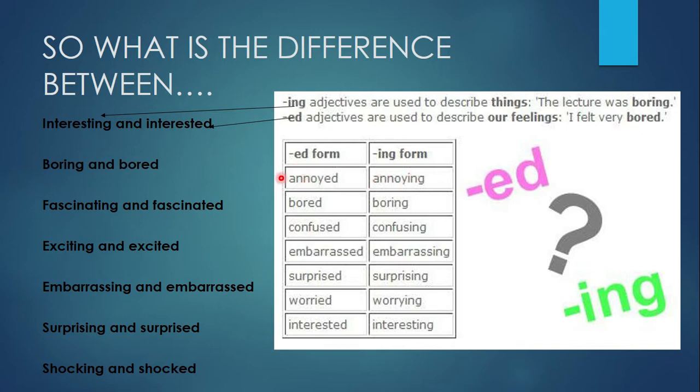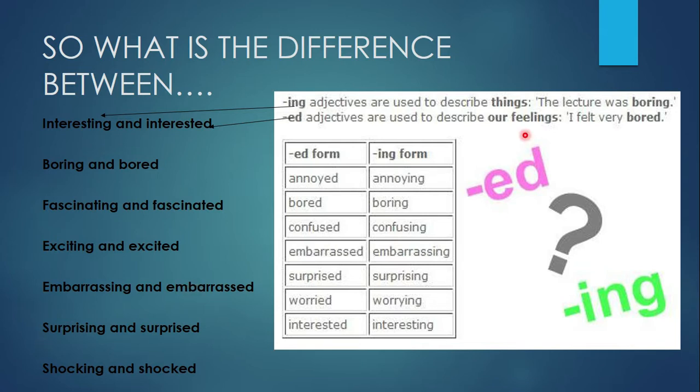Annoyed, annoying, bored, boring, confused, confusing, embarrassed, embarrassing, surprised, surprising, worried, worrying, interested, interesting. Okay? So here we have the same boring and bored, fascinating and fascinated, exciting and excited, embarrassing and embarrassed, surprising and surprised, and shocking and shocked.